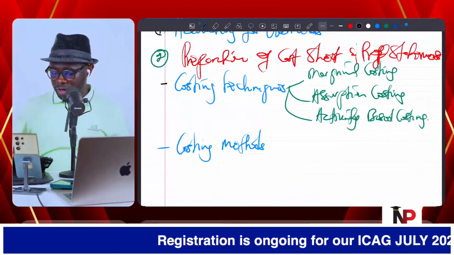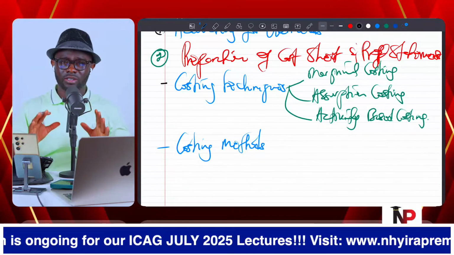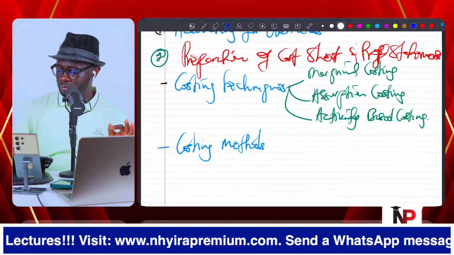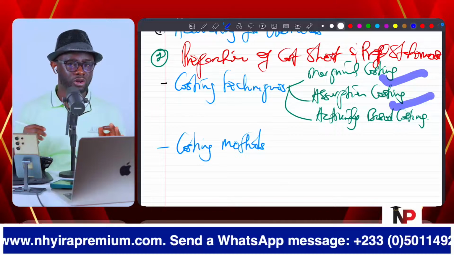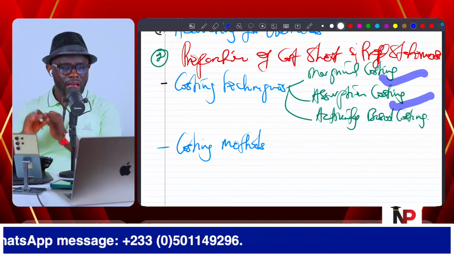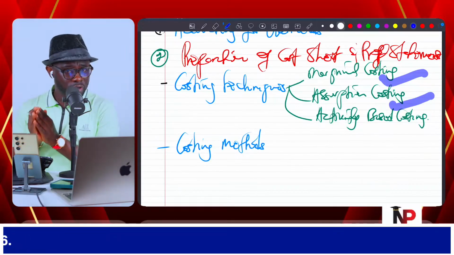And so preparation of the cost sheet and the profit statement is an important concept you need to understand. Most importantly here is the concept of marginal costing and absorption costing. Why? Because when you get to short-term decisions, everything you are doing there, you are going to be using the marginal costing principles.